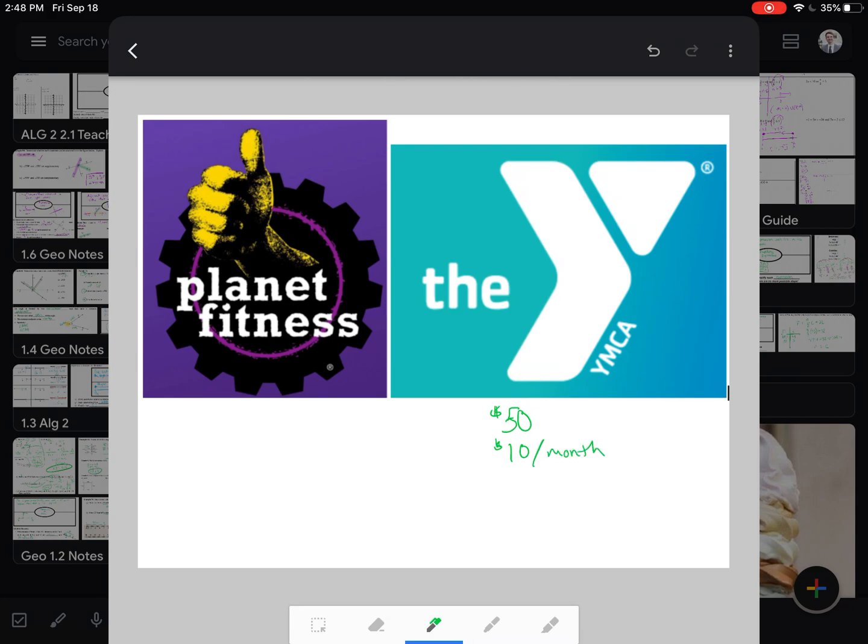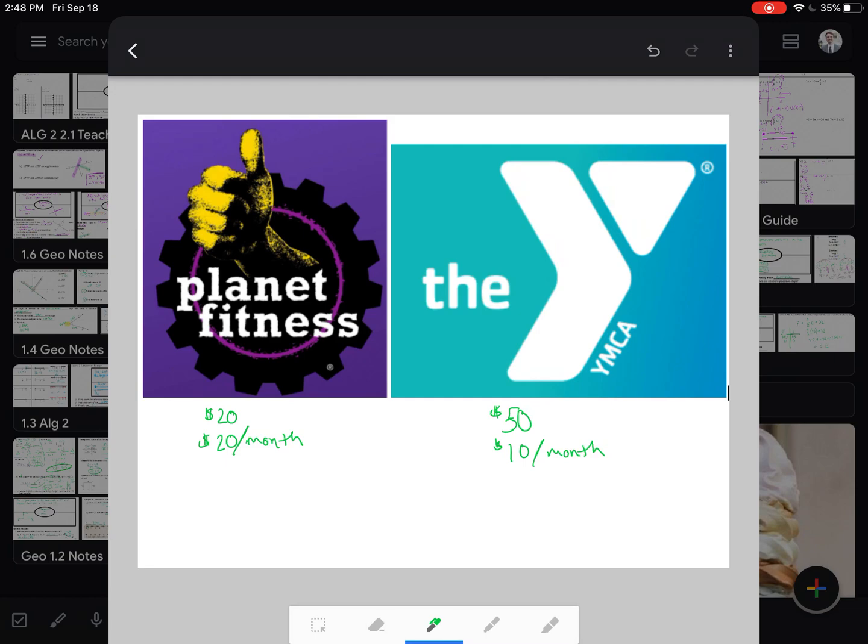So if you were going to just do fitness for a short amount of time and then quit shortly thereafter, the $10 a month probably won't save you too much money because you have to pay all that up front. Planet Fitness, on the other hand, depending on the deals, but on a standard day, I think it's $20 to join. And then if you get the good membership that has access to everything on multiple locations, that is, I believe, $20 a month.